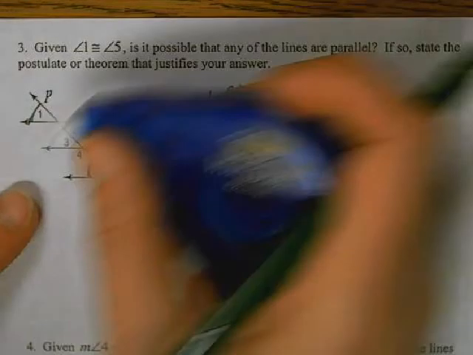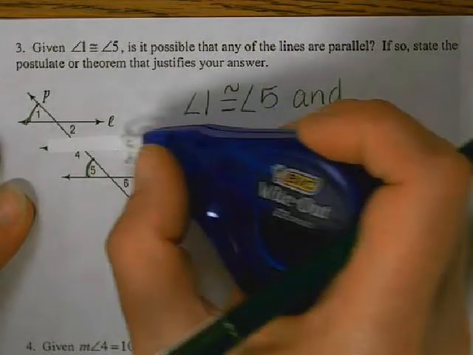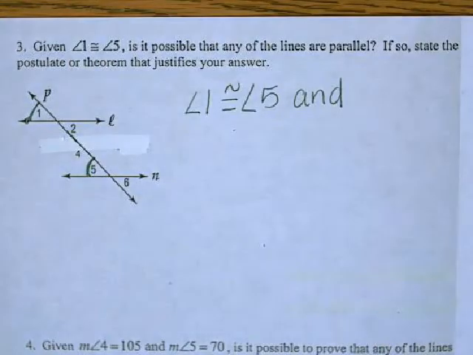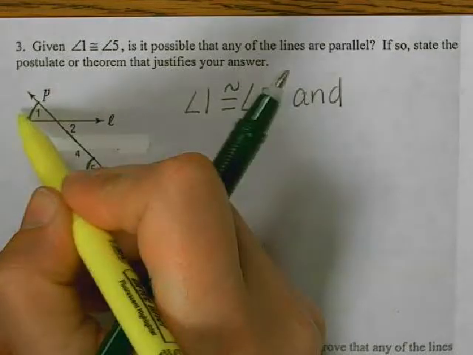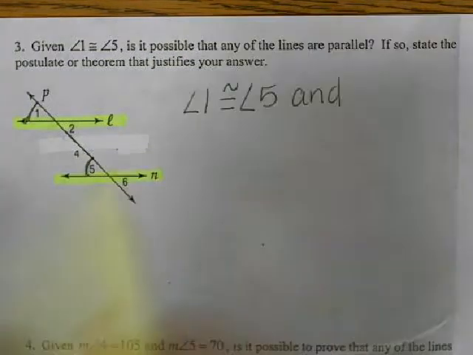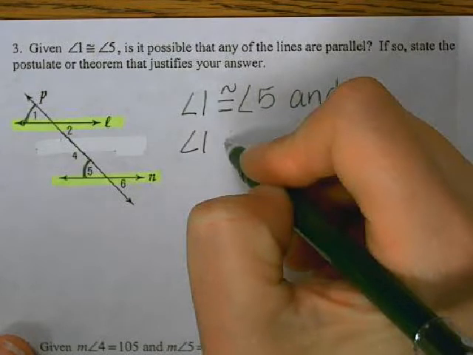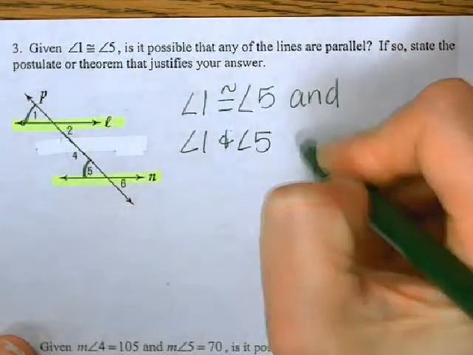Well, if we erase this middle line right here, can everybody see the two lines that could possibly be the ones we're talking about as maybe parallel? Okay? Angle 1 and angle 5 are what? Corresponding.